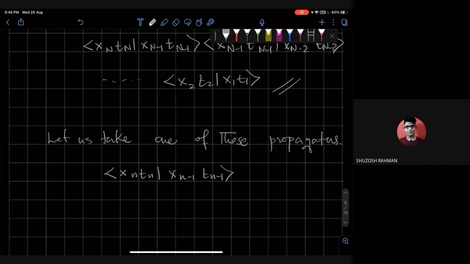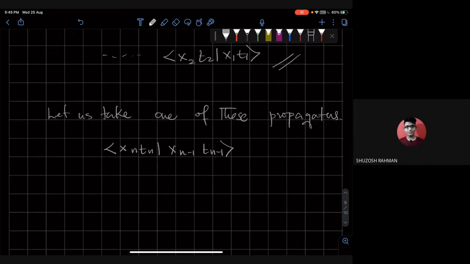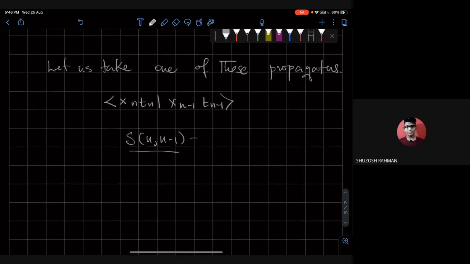Now, according to Dirac, this corresponds to the exponential of i over h-bar times the action S n, n minus 1. So by this, I mean the integral from tn minus 1 to tn of dt, let's just call it t, of the classical Lagrangian with x and x dot.